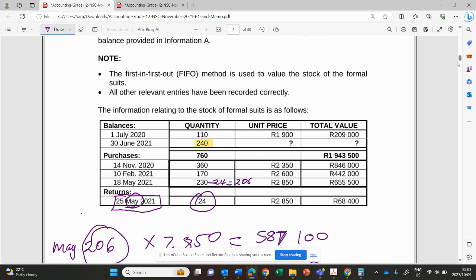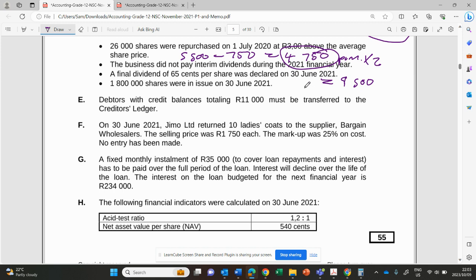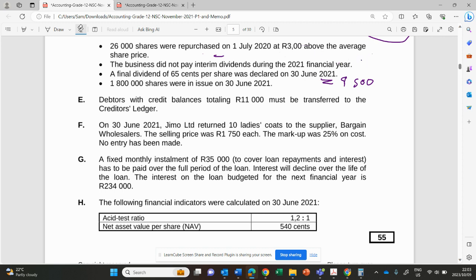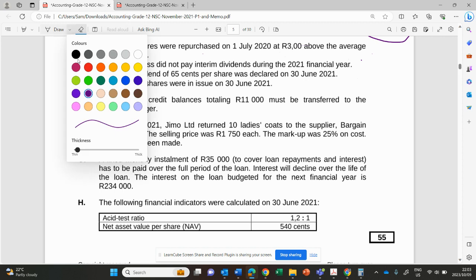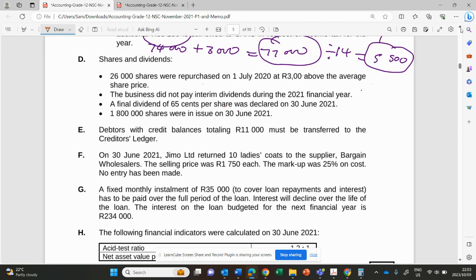Okay, let me scroll down. Yes, this is the information about the shares. First, they are saying 26,000 shares were repurchased on the 1st July 2020 at R3 above the average.